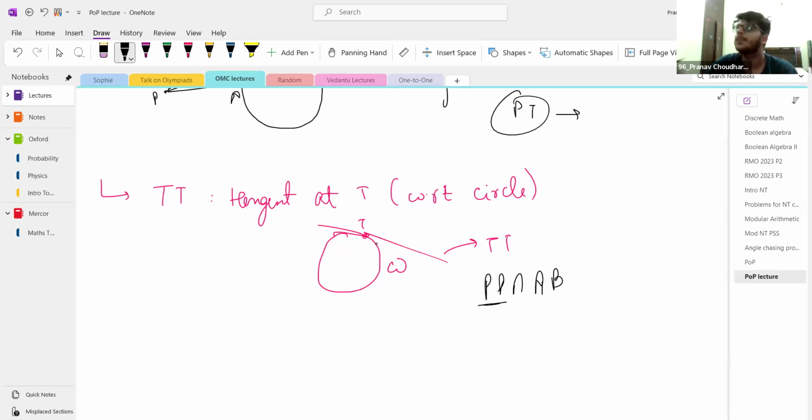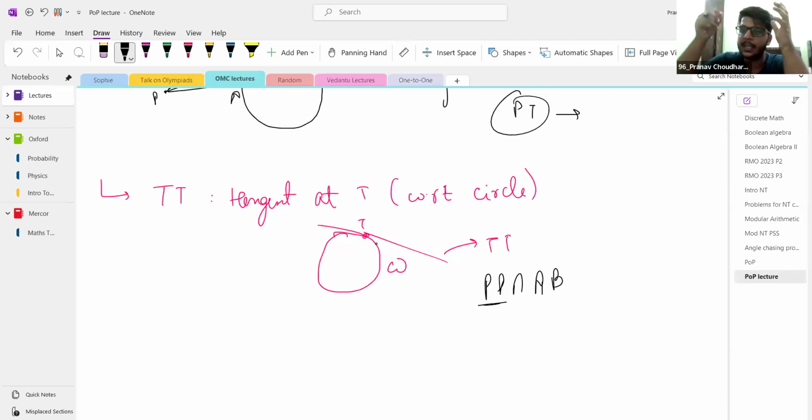And using this, look, the way you can define a tangent is this: a line always intersects the circle at 2 points or 0 points, right? One point is the tangency point, which is very unique. So why talk about a unique point?